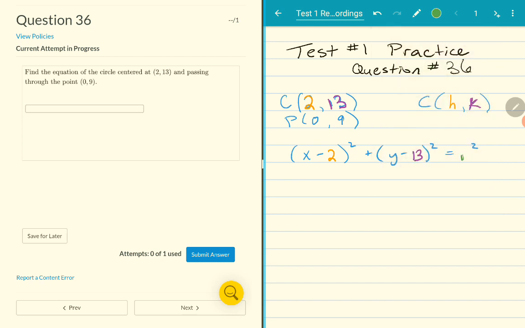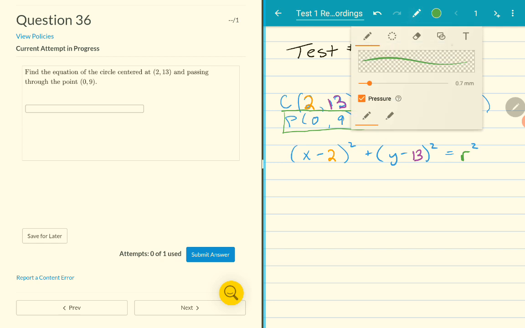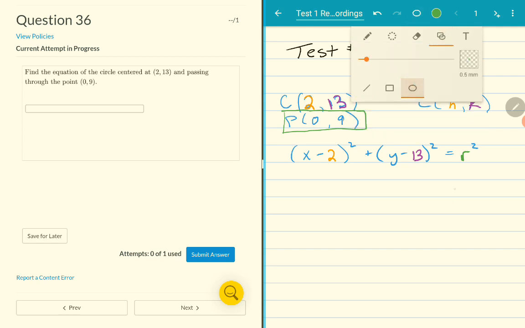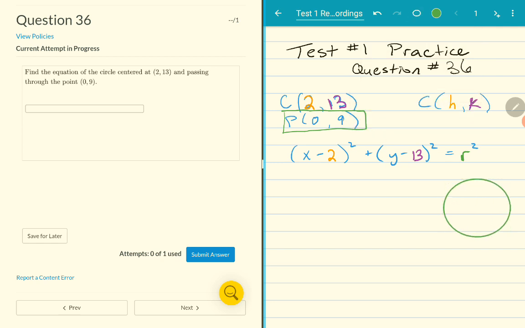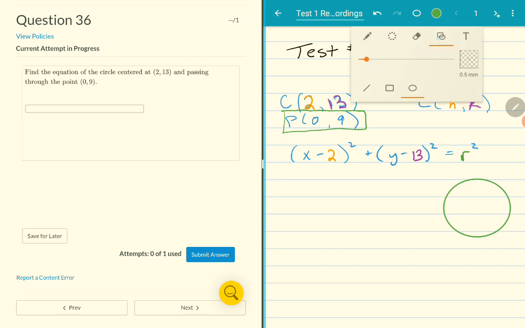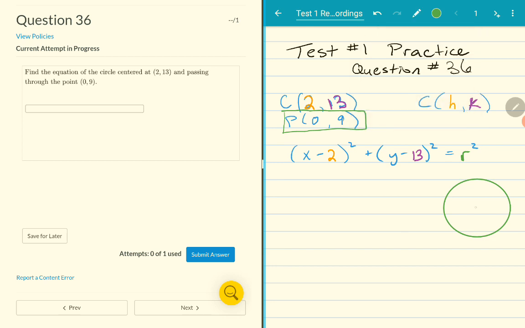So how do I find the r? The other information I have is the point on the circle. If I look at a circle, I have the center at (2, 13), and I have some point at (0, 9). Oh, it's probably over here.